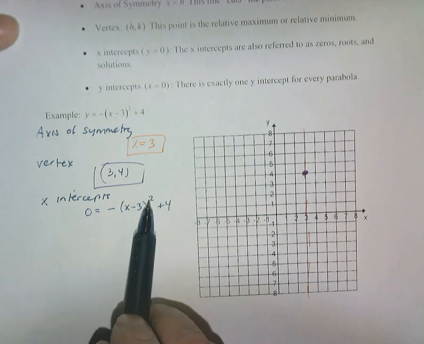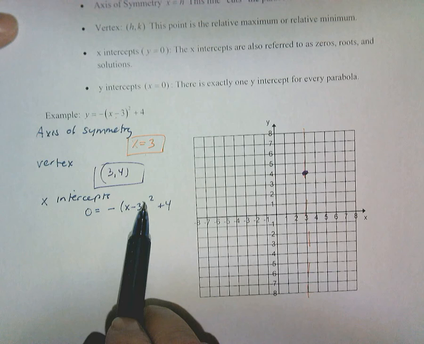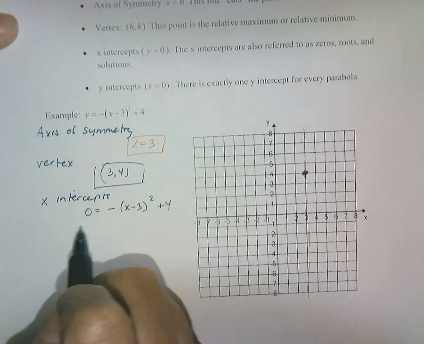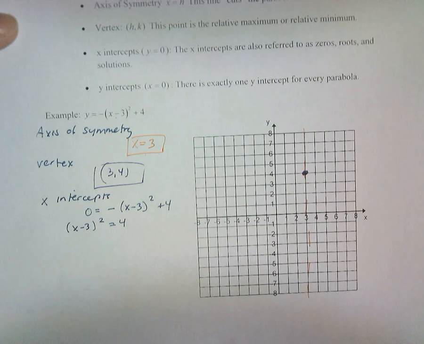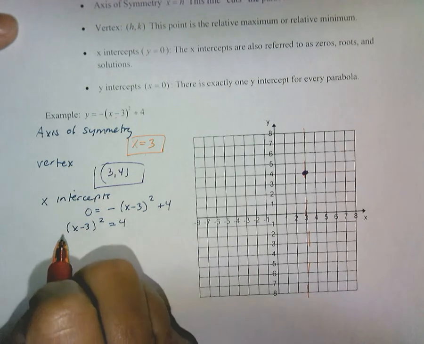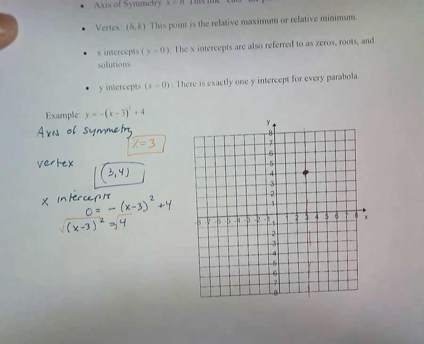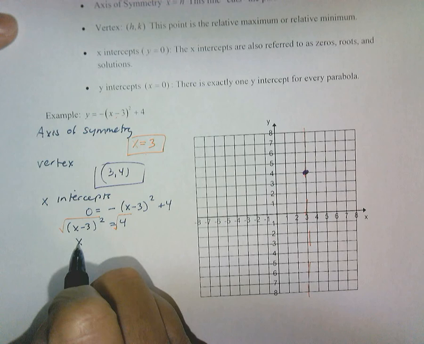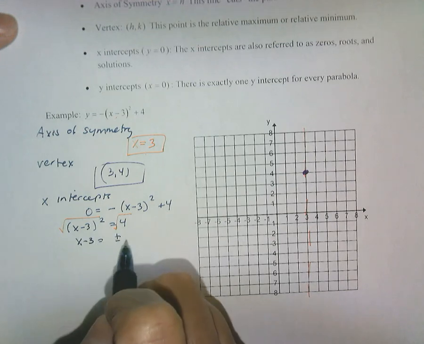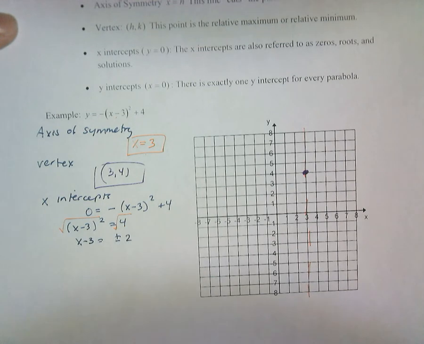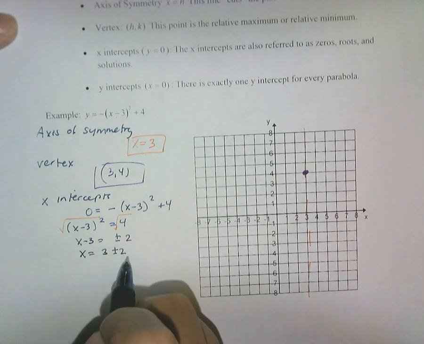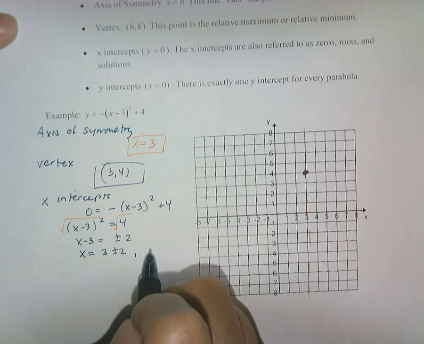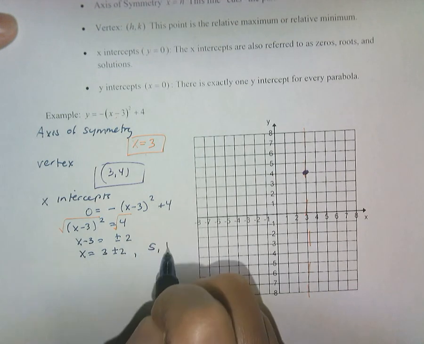I want to get this square term on one side and the 4 on the other. So I'm going to add this to the other side, and it's going to make it positive (x minus 3) squared equals 4. Then I can take the square root of both sides, and I get x minus 3 equals plus or minus the square root of 4, which is 2. Add 3 to the other side, I get x equals 3 plus or minus 2. So 3 plus 2 is 5, 3 minus 2 is 1.